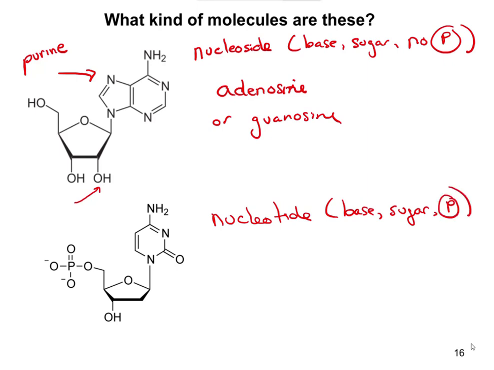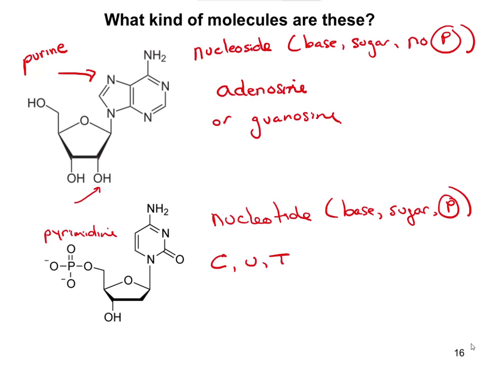We can say that in terms of the base, we know that this one's going to be a pyrimidine. So this one is going to be either C, U, or T.